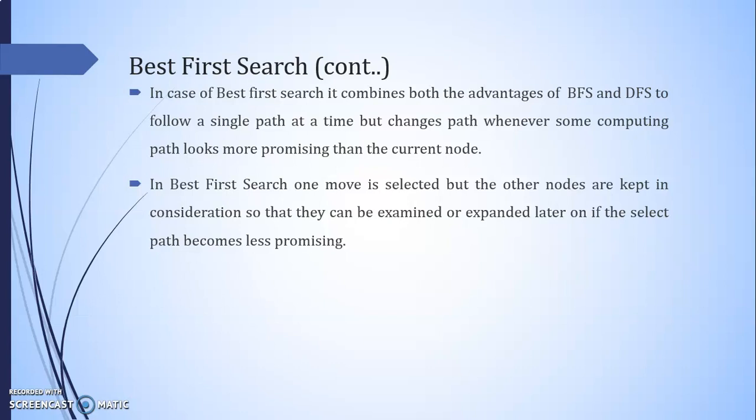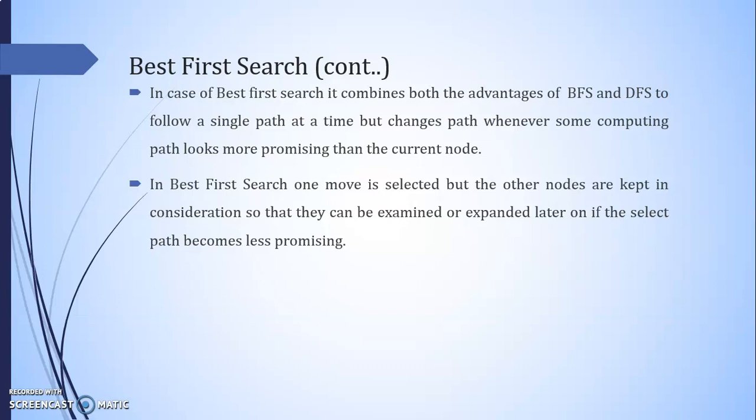In best first search, one move is selected, but the other nodes are kept in consideration. That means it moves to a single node, but all its successors or the other nodes remain under consideration. It does not discard the nodes, so that they can be examined and expanded later if the selected path becomes less promising.